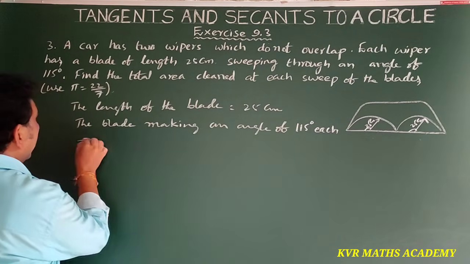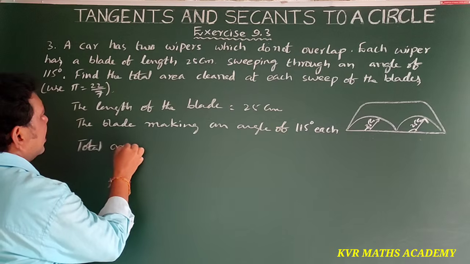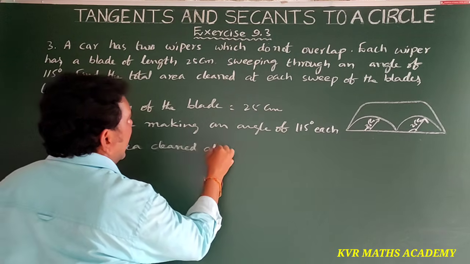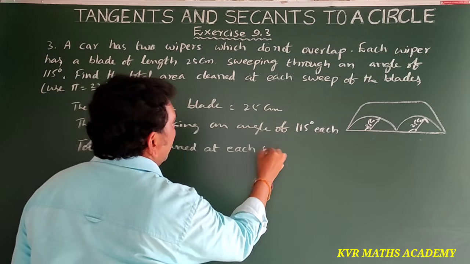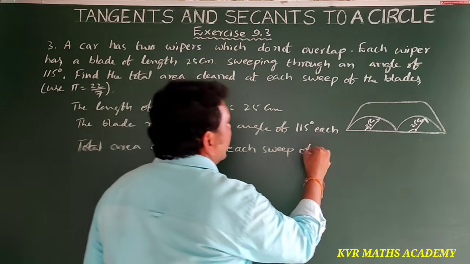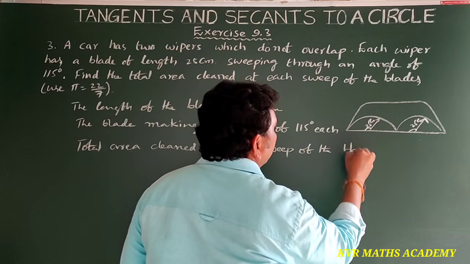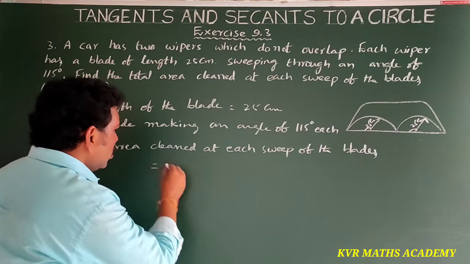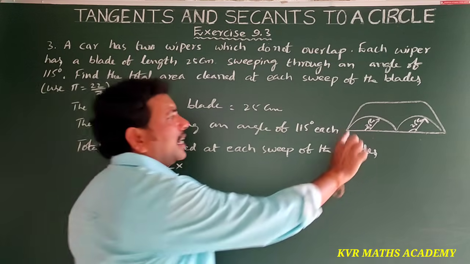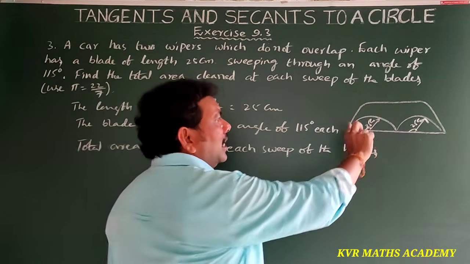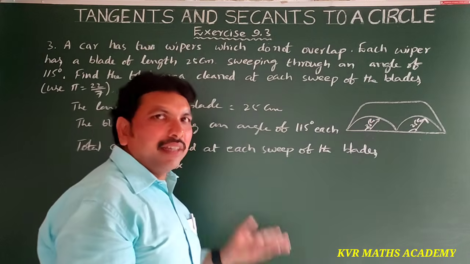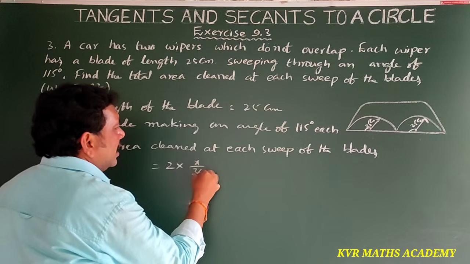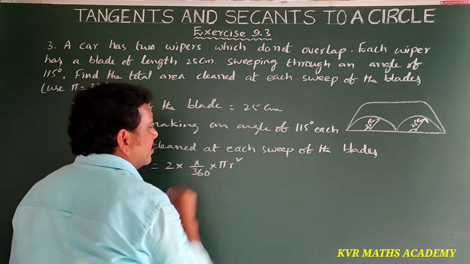Next, total area cleaned at each sweep of the blades is equal to, actually those are 2 blades, so 2 into area of the sector we have to find. So from here onwards it is area of the sector only. So 2 into x by 360 into pi r square, right?